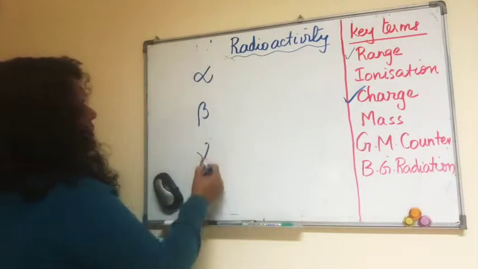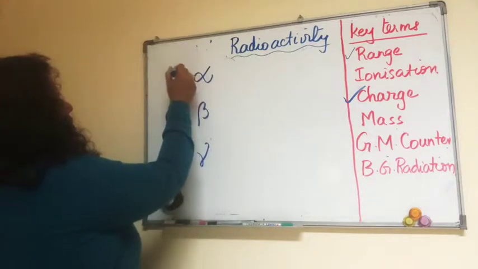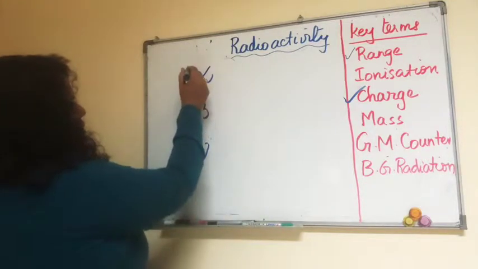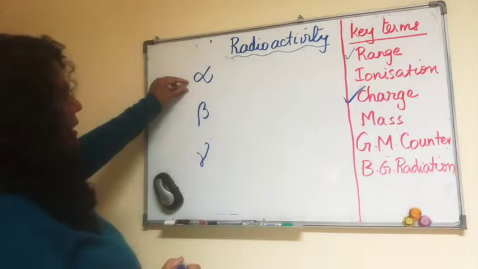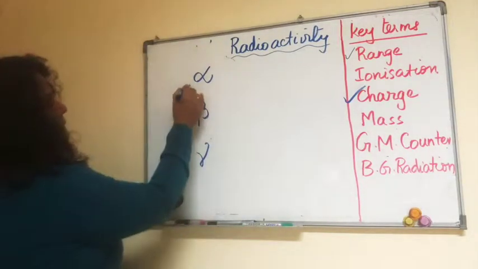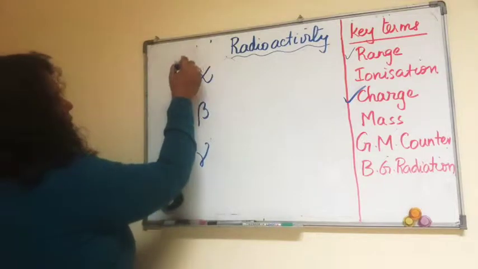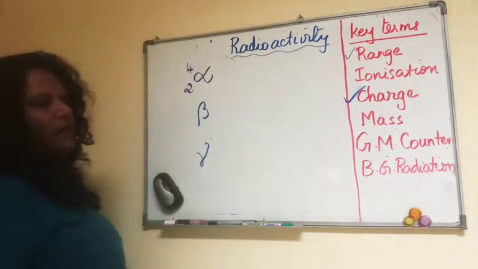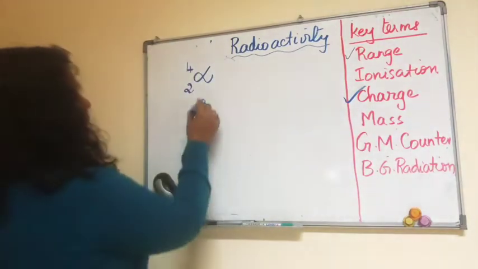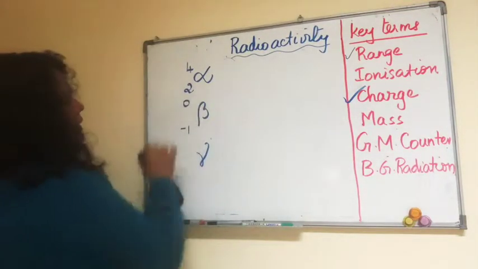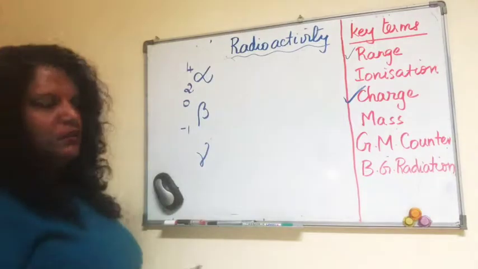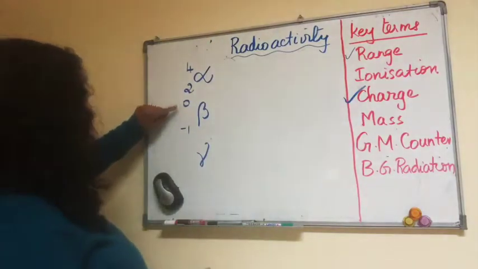Before that, how do we represent these? Since alpha has 2 protons and 2 neutrons, the charge, in other words the atomic number, is written here at the bottom. The mass number is written above. And for beta, what is the charge? It's -1, and it does not have any proton or neutron, so it has 0 as the mass number.